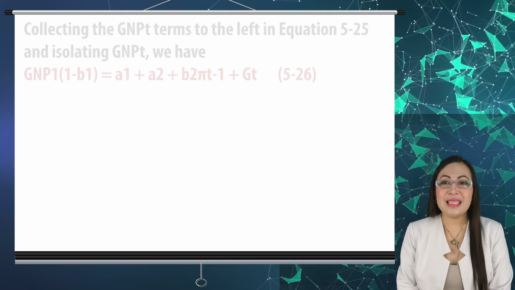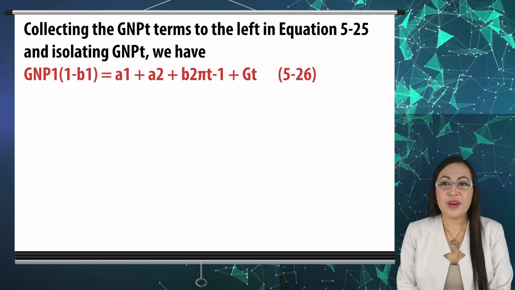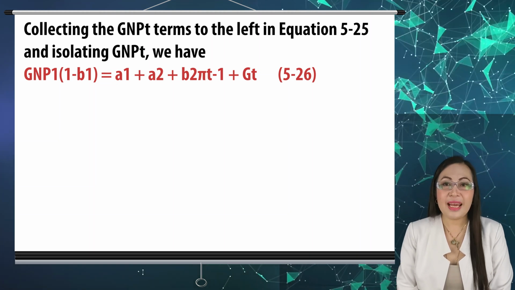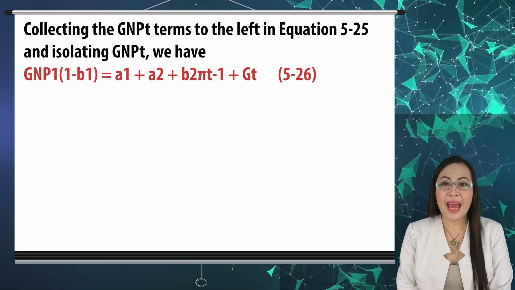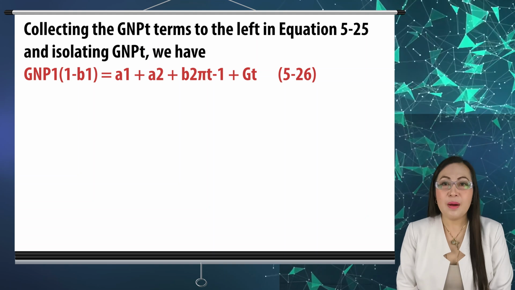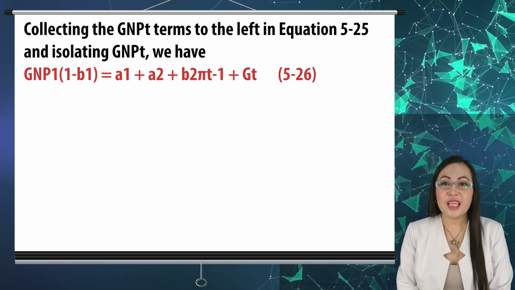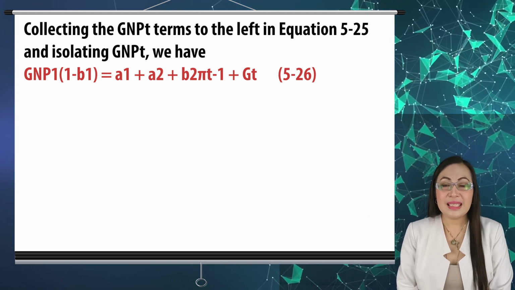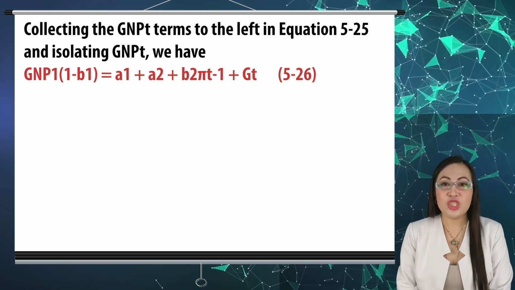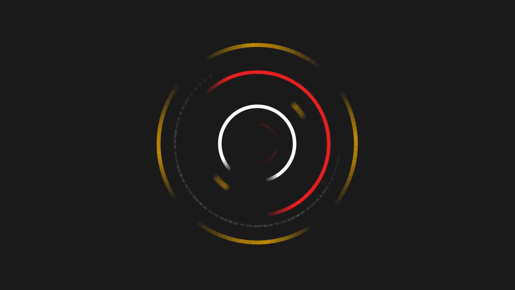Collecting the GNPt terms to the left in equation 5-25 and isolating GNPt, we have GNPt times 1 minus B1, which is equal to A1 plus A2 plus B2 Pi(t minus 1) plus Gt.